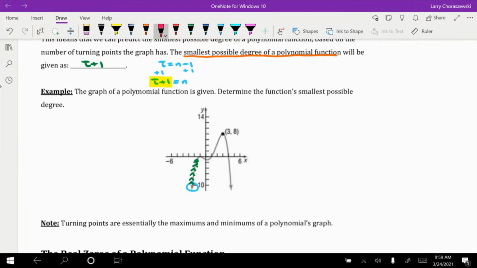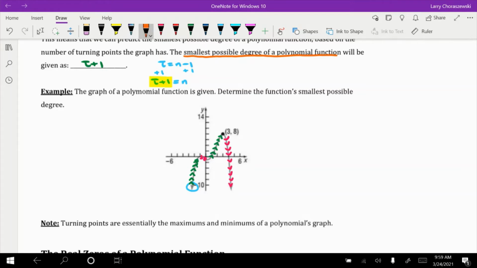Once you go past it, your graph decreases for just a little tiny bit, and you get to what looks like a local minimum, in which case you begin to increase until you get to what looks like an absolute maximum, and then the rest of the graph decreases from there on out.